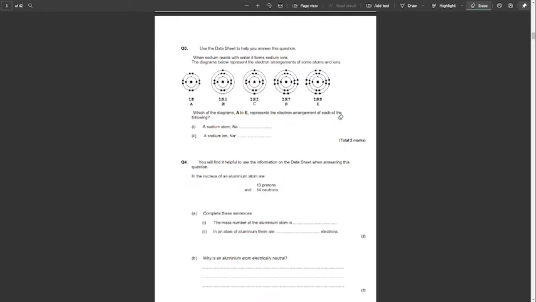Represents the electron arrangement of the following: a sodium atom and a sodium ion. Once again, make sure to read the question in full. If you just read sodium for both of these questions without reading atom or ion, you could get the question completely wrong.